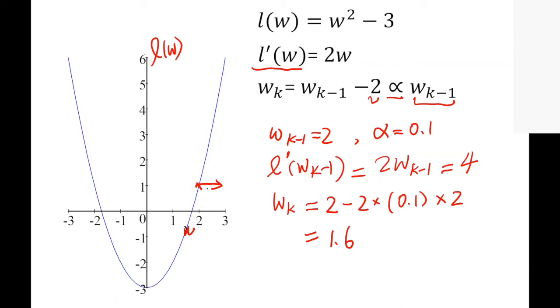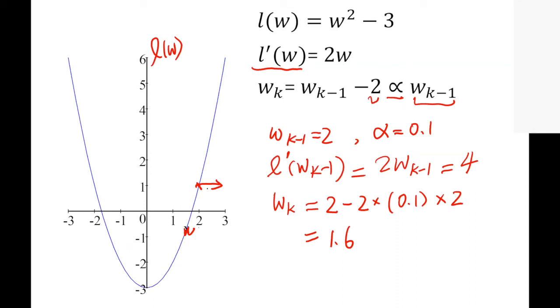My goal now is to minimize my function, which means I should go the opposite direction of the gradient, of the derivative. And this is why gradient descent makes sense.